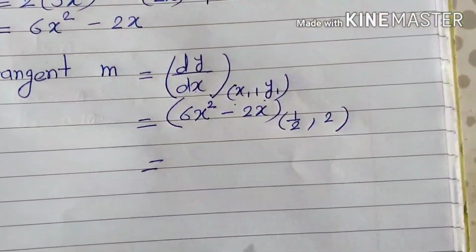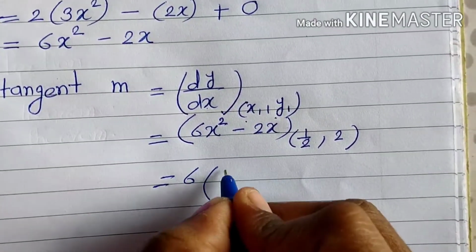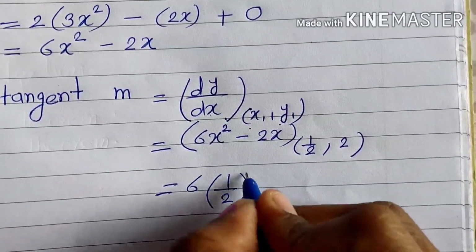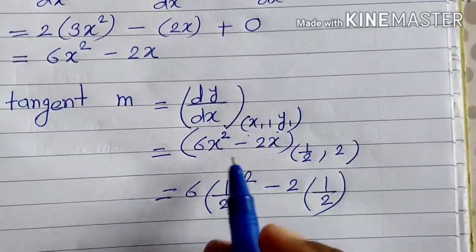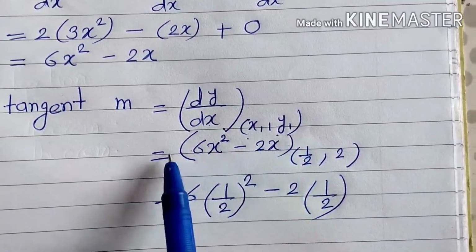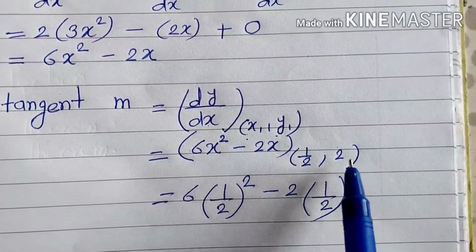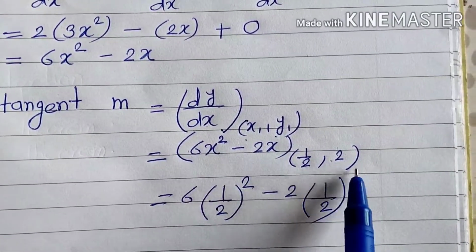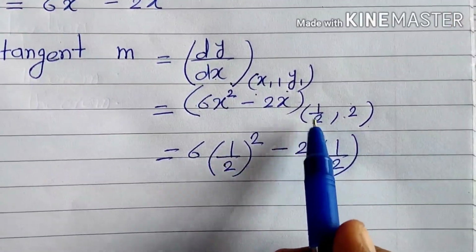Now put that point in this expression. So we get 6 times (1 by 2) square minus 2 into 1 by 2. There is no function of y here, so y1 remains; we only put here the value of x1.